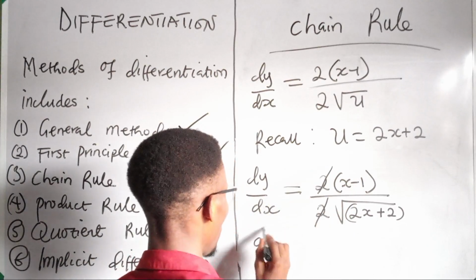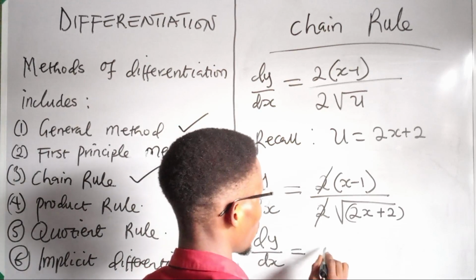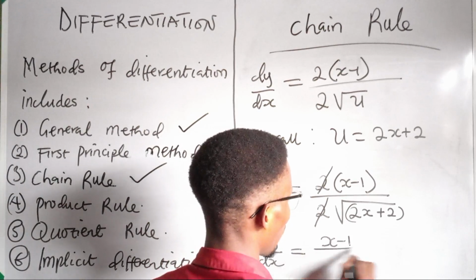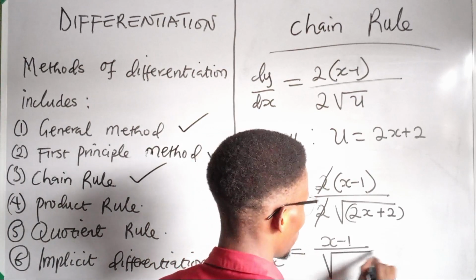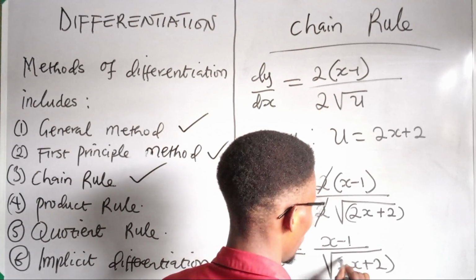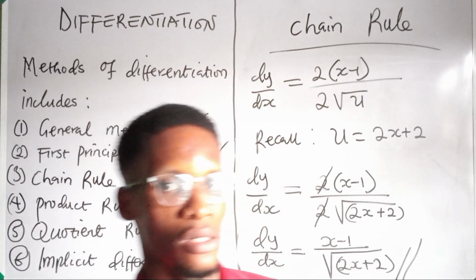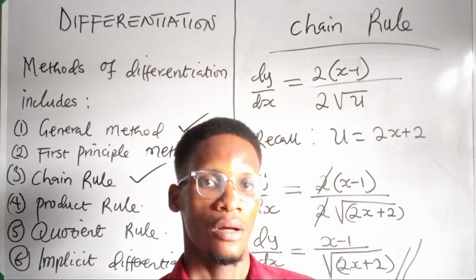We will now remain with dy over dx equals x minus 1 all over the square root of 2x plus 2. Please, this is the answer you're going to get. Okay? Thank you.